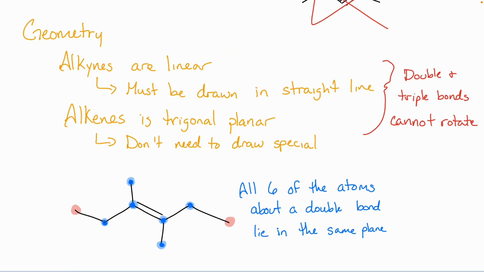So, for example, for an alkane, if I drew pentane, the natural default way to do it would be in this straight line. But if instead I drew those five carbons with the last one kinked up here, that's the exact same molecule. All I've done is rotate about this bond.